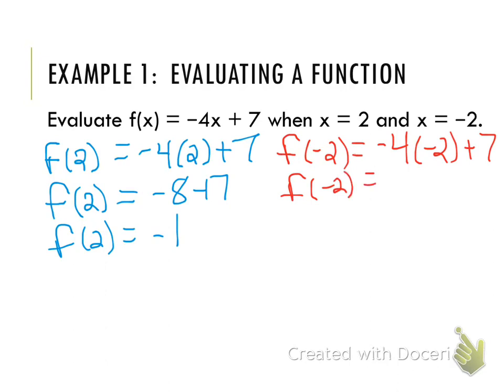Negative 4 times negative 2 is going to be a positive 8 now, plus 7. So f of negative 2 is 8 plus 7, which is 15.